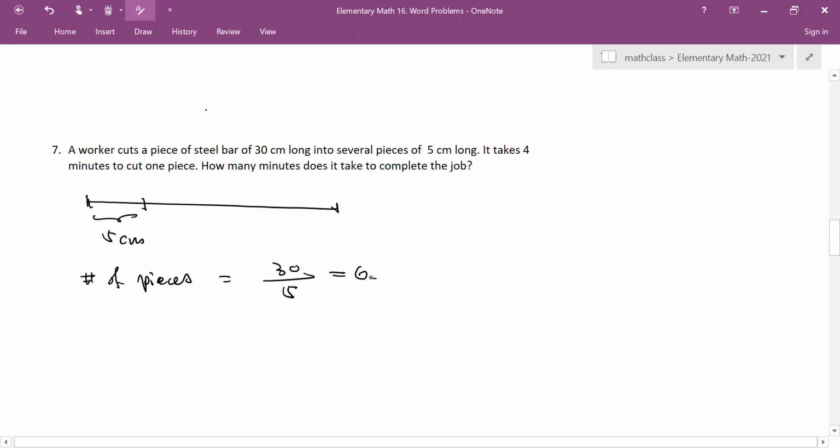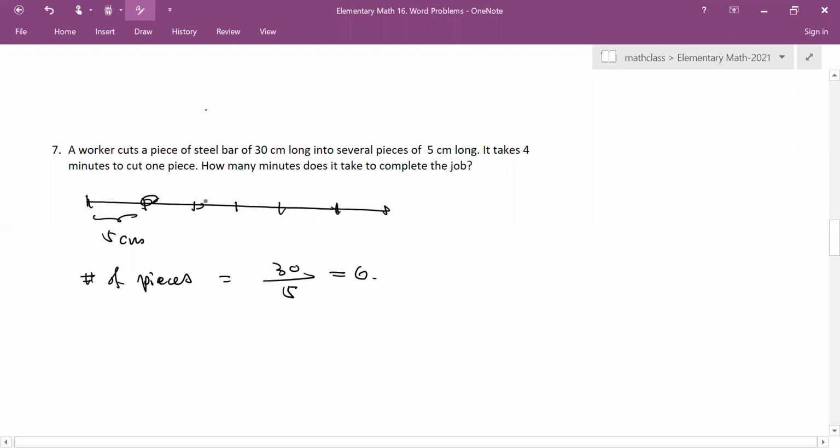Once you get the number of pieces, then you can figure out the number of cuts you're going to do. You have 6 pieces, remember: 1, 2, 3, 4, 5, 6.